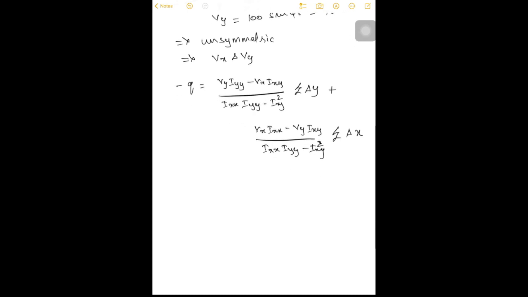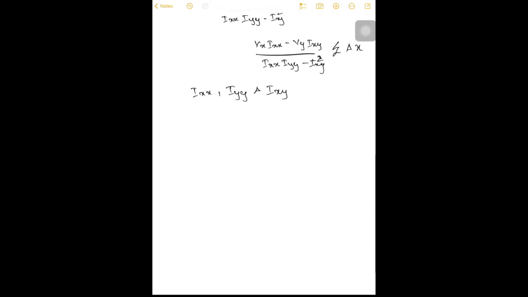So in this formula we need to identify the moment of inertia values Ixx, Iyy and Ixy. To identify these, we need to know the neutral axis, that is the x bar and y bar values.